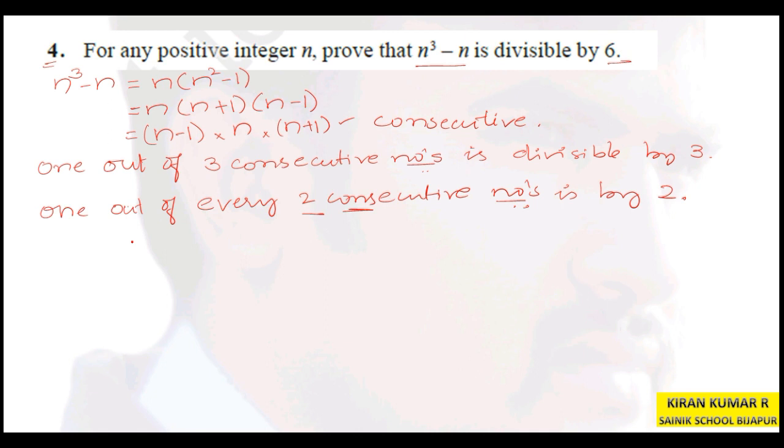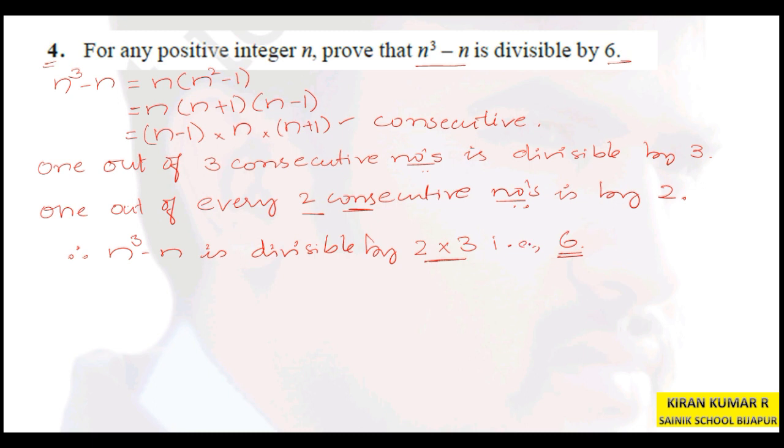Hence, even numbers are divisible by 2. So 1 out of every 2 consecutive numbers is divisible by 2. So we can conclude now, n cube minus n is divisible by 2 and 3, 2 into 3. That is, they are all divisible by 6.